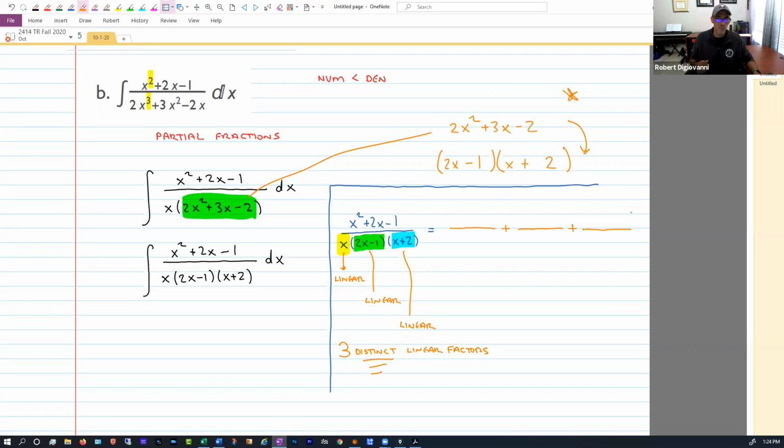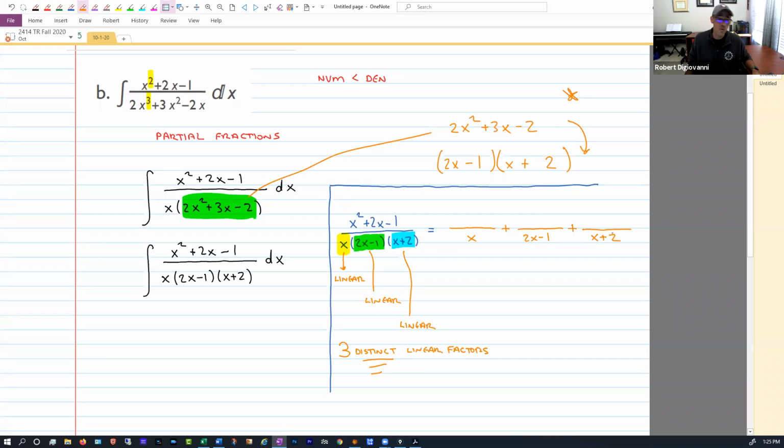If you had 2, then it'd be 2, right? Pretty straightforward. The thing is, what does it break up into? Well, the good news is that you know the first fraction will have the first linear factor on the bottom. The second fraction will have the second linear factor, and the third fraction will have the third distinct linear factor.